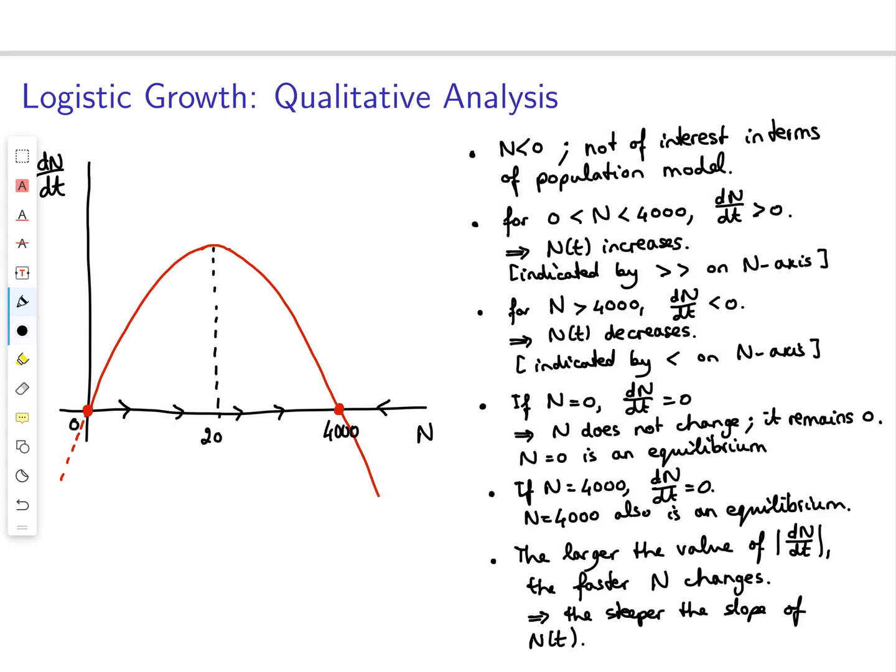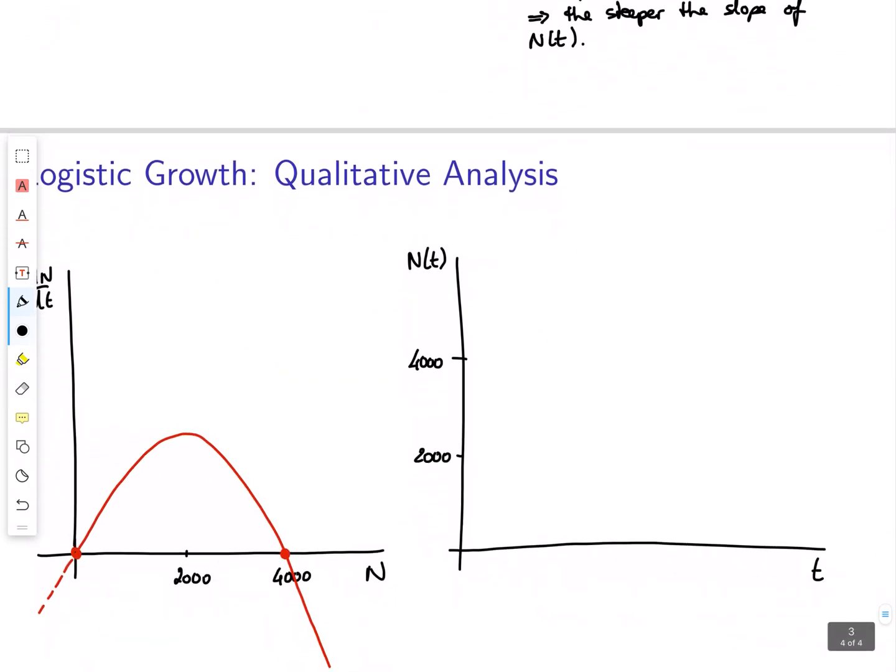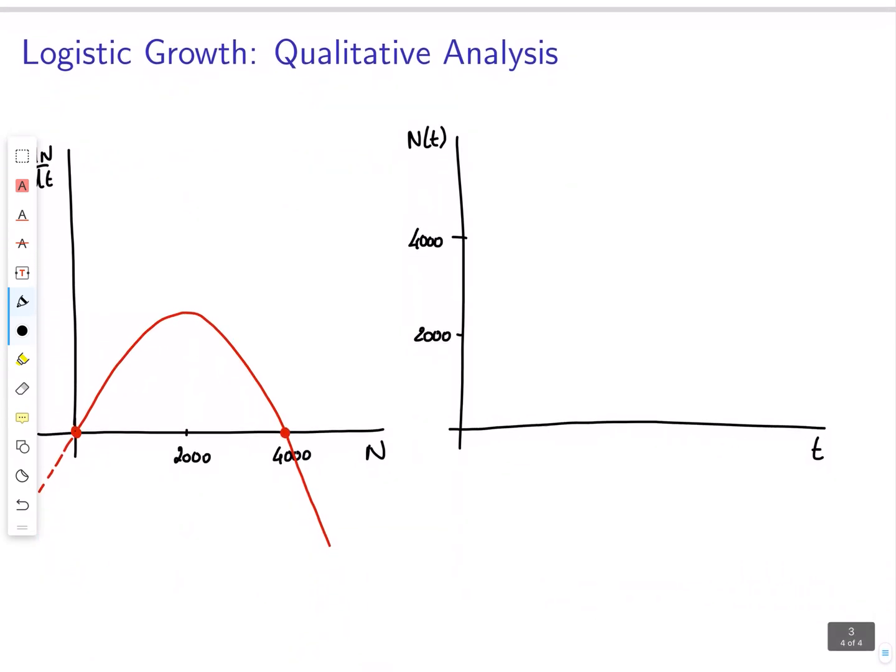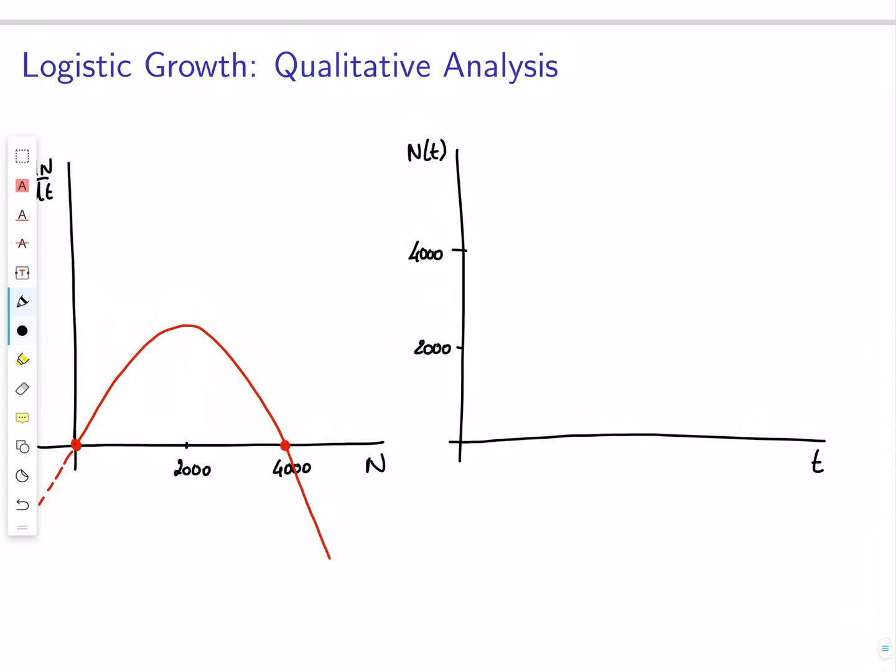So right at 2,000, the slope would be the largest. I'm going to put 3 arrows there saying that n of t changes a lot over there. All right, that's a lot of information. Now we're going to put it all together and determine the graph of n of t for different initial conditions.